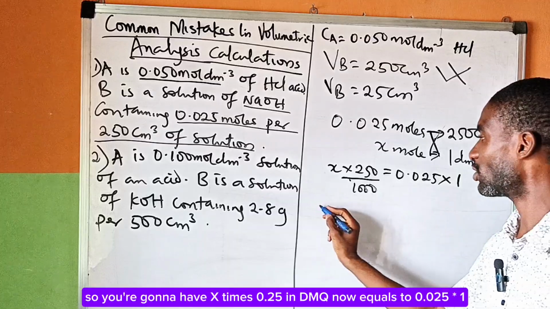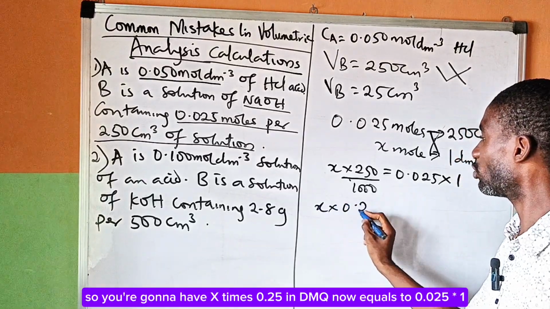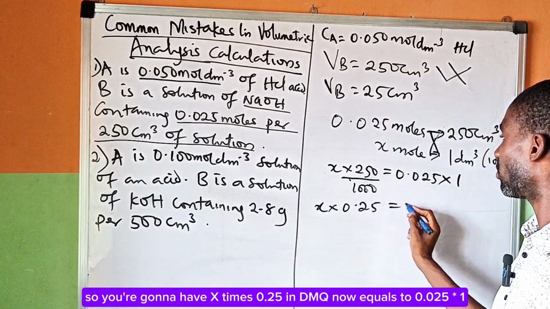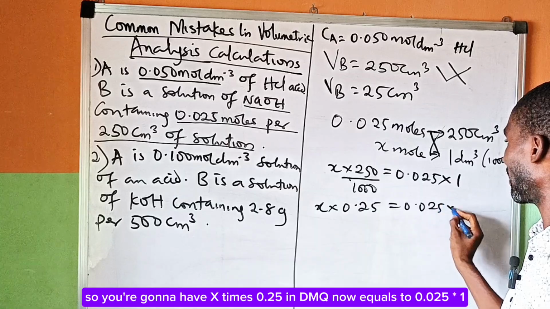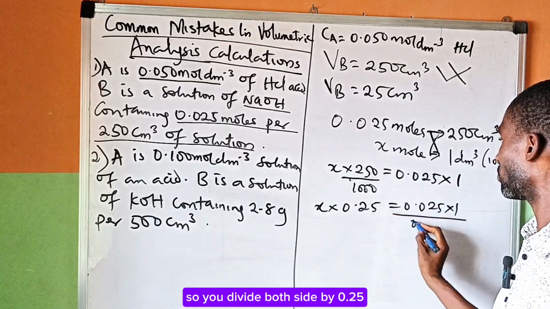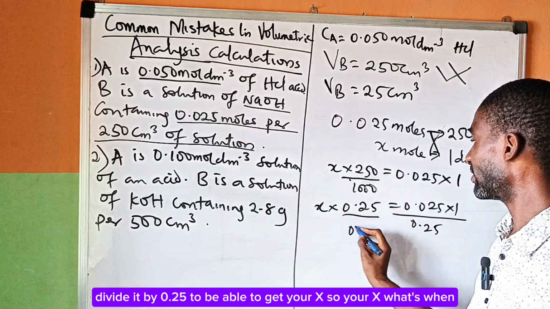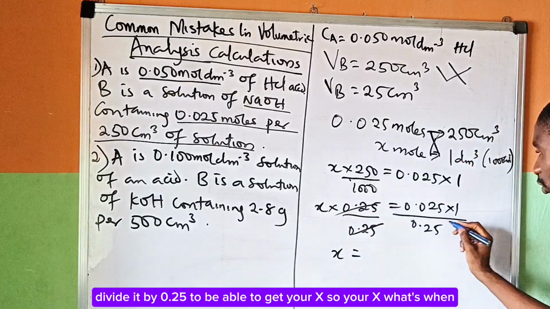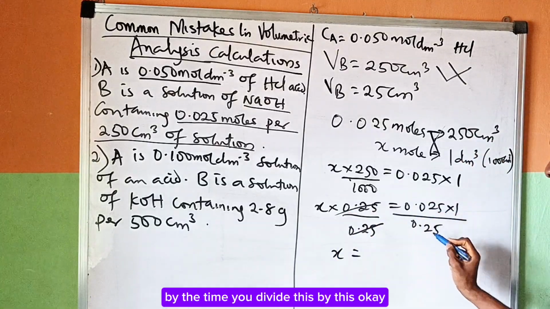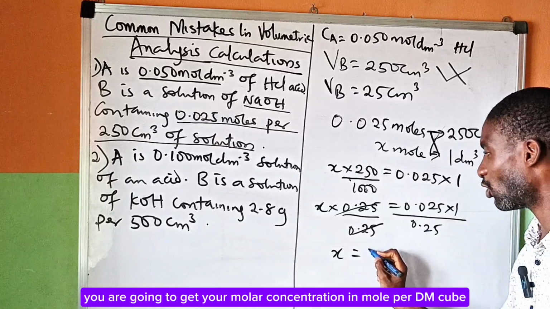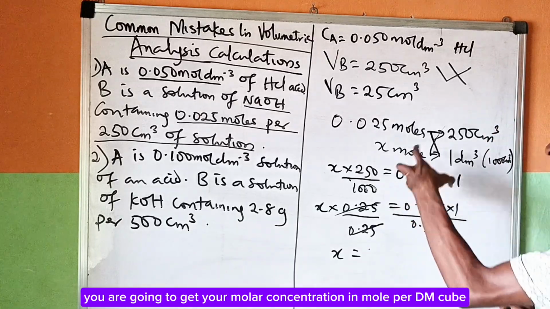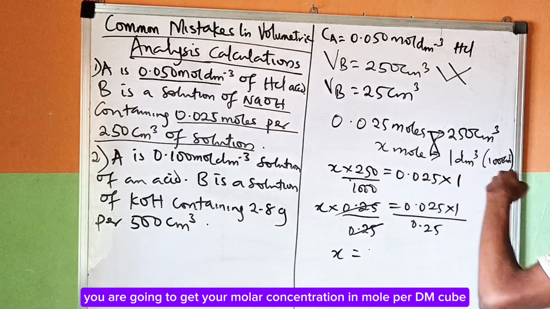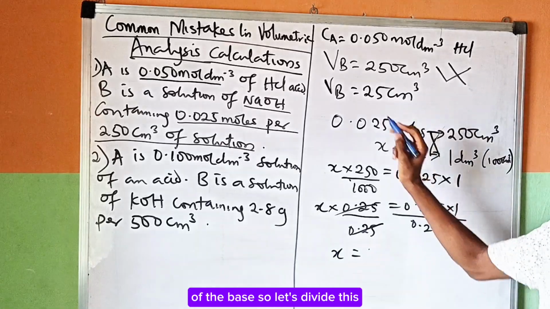250 divided by 1000, so you're going to have X times 0.25 dm³ now equals 0.025 times 1. So you divide both sides by 0.25 to be able to get your X. By the time you divide this, you are going to get your molar concentration in mole per dm³ of the base.